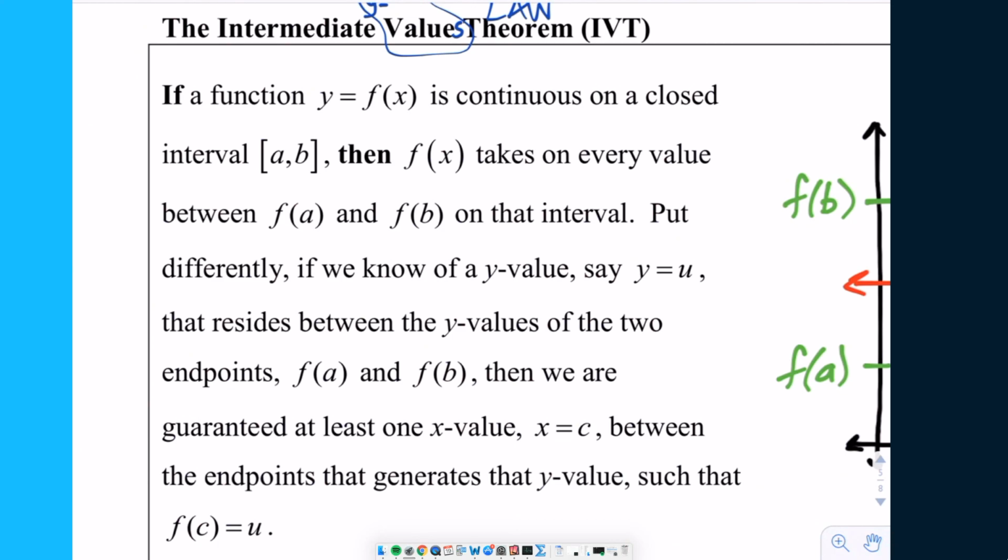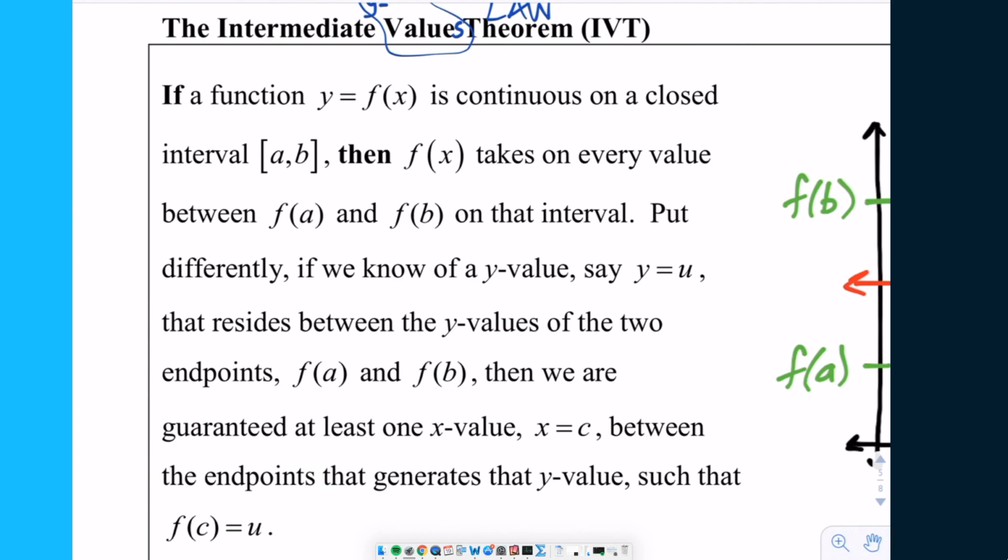So let's read it. It says, if a function, f of x, is continuous on a closed interval from a to b. That's it. That's all we need. We need some function that's continuous on a closed interval. If that is all we have, then look at what bold claim we can make.